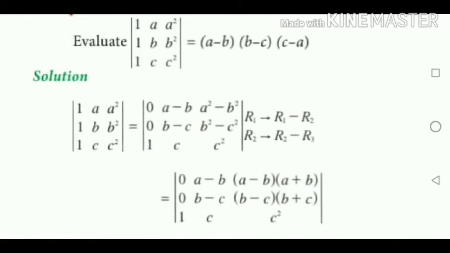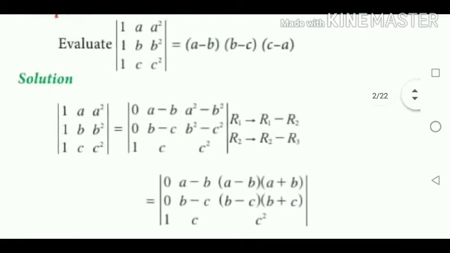If 1 1 1 is given, first you reduce the first row, first column entries to 0 by subtracting from other rows or columns. So here I am getting the first row by R1 equal to R1 minus R2. That is, from row 1 I am subtracting row 2.